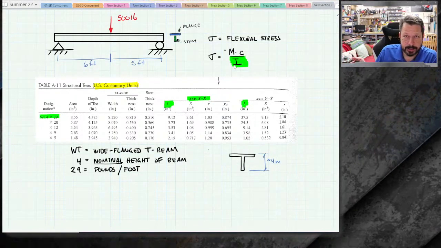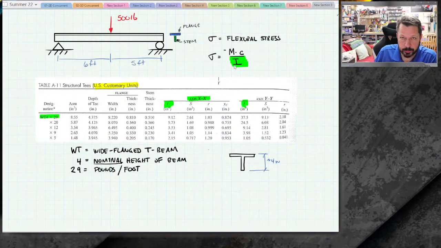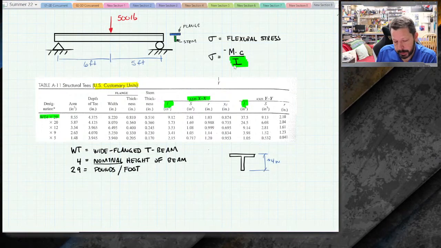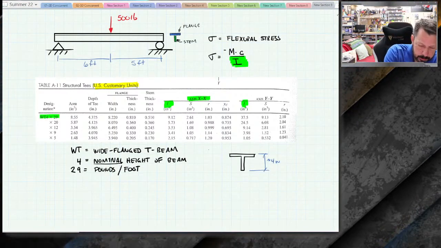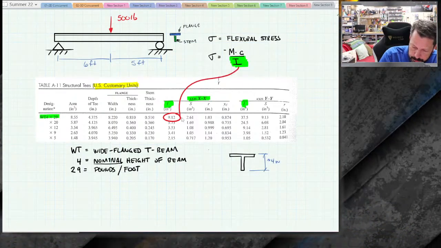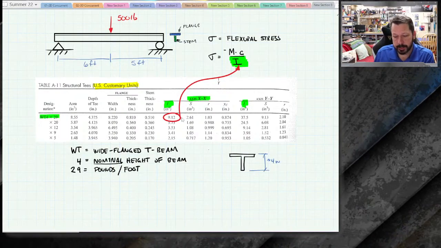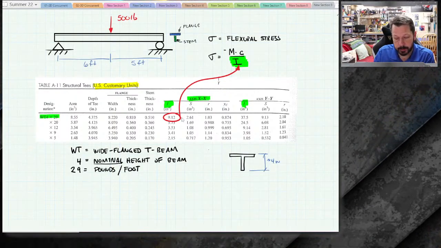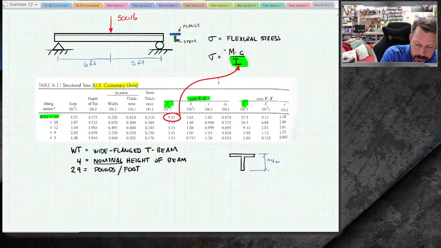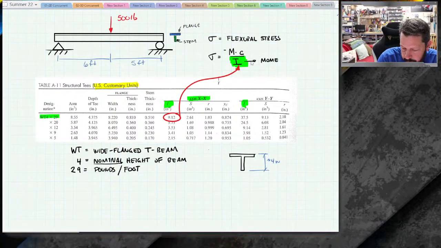The short answer is that your beam is rotated from what the normal orientation is. But we're going to use this number for I. And until you learn any differently, if you need the moment of inertia, oh, that's what I is called. Moment of inertia.